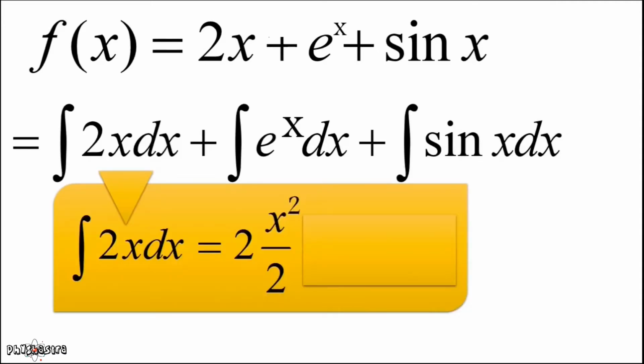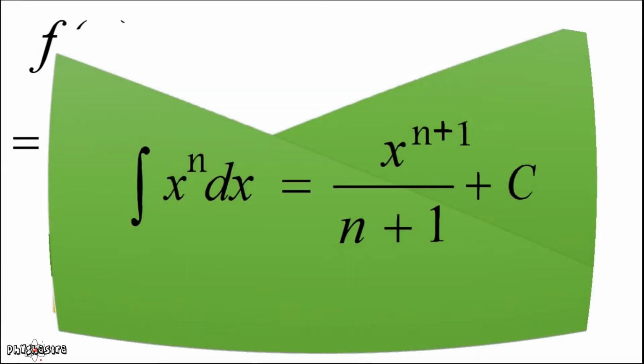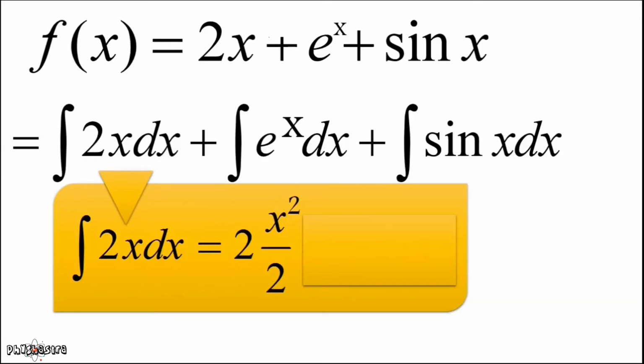First, integration of 2x is 2 outside and x inside the integration. We know from the formula that integration of x raised to n is x raised to n plus 1 divided by n plus 1. In our case, n is 1, so x raised to 1 plus 1 divided by 1 plus 1. So you will get x squared divided by 2.